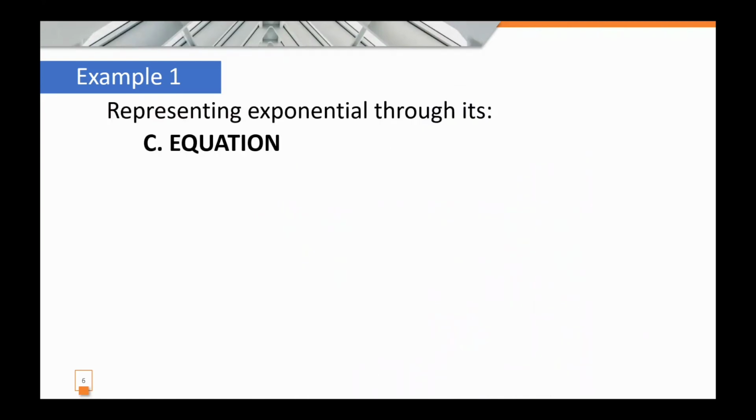Going back to the common ratio in letter A, the common ratio that we got from the table of values is 2. We can use that to determine the equation in example number 1. So to determine the equation, we have to have the f(x) in the equation and also the variable x. f(x) or y is equal to 2.